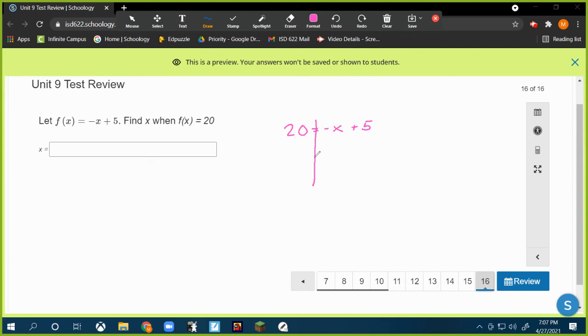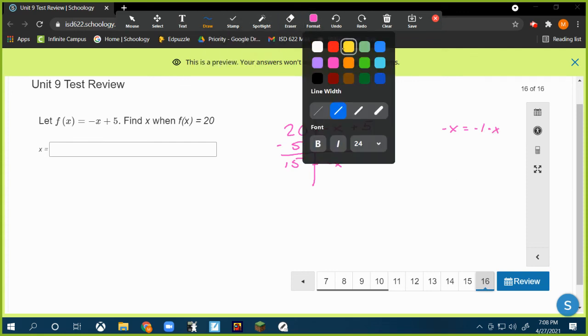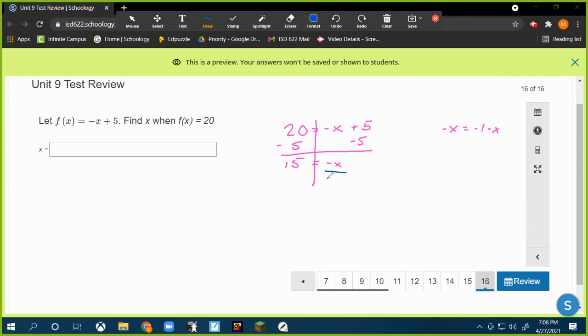Multi-step equation. We're going to subtract 5 from both sides. That's 15 equals negative x. Negative x is the same as negative 1 times x, so we need to get rid of that negative 1. We divide by negative 1 on both sides. Those two cancel out.